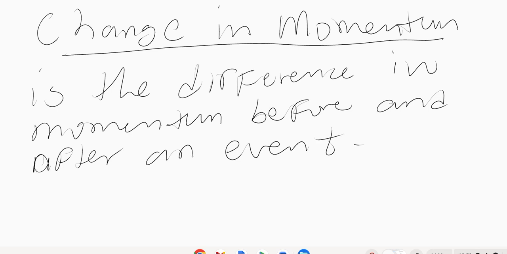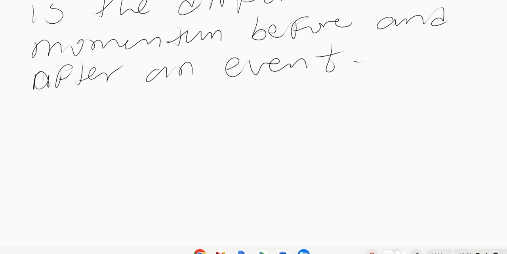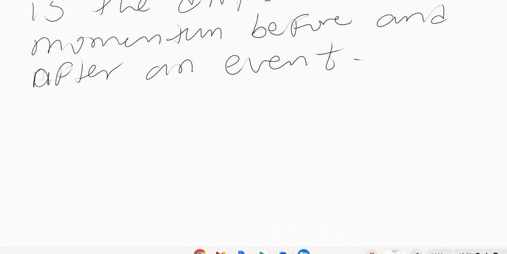So the change in momentum is the difference in momentum before and after an event. So what do we mean by that? I will show it below.